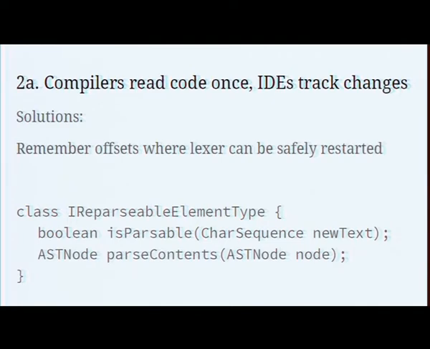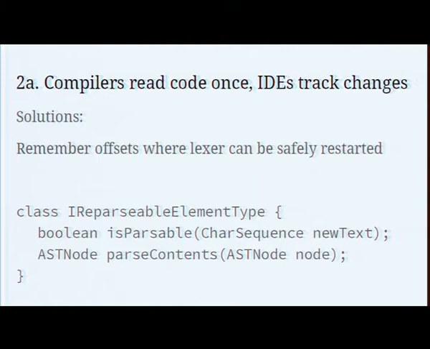And it will then ask the code block, so, dear code block, here's the new text. Can you still handle this text? And usually the code block says yes. Sometimes it says no, if you, for example, have typed a curly brace that breaks all the balance of braces. But most of the time it's yes.